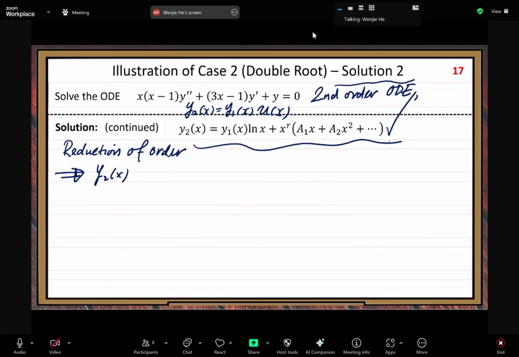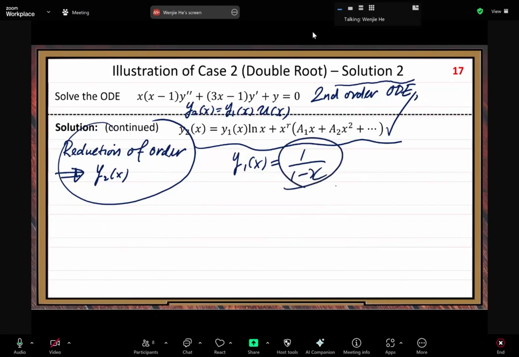Think about here, I want to let you know under what situation we can use this reduction of order. When our y1 function is a simple, nice function, we can use this reduction of order method. But if your y1 function is complicated, a power series function, can you still do it? It will be very messy.